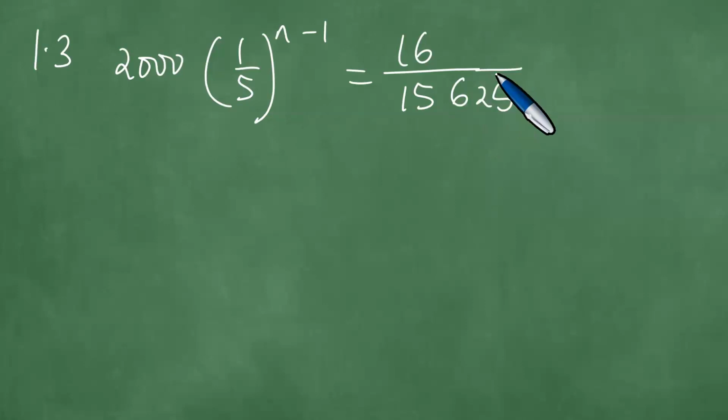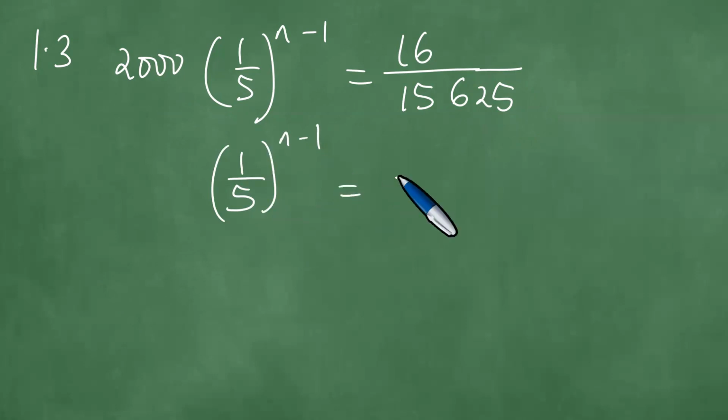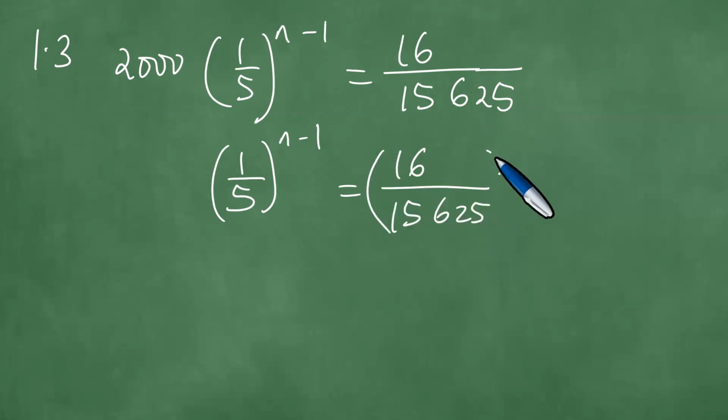Now, let's solve. You need to divide by 2,000. If you divide by 2,000 both left and right, you're going to have 16 divided by 15,625 on the left, and on the right, you're going to have 1 out of 2,000.